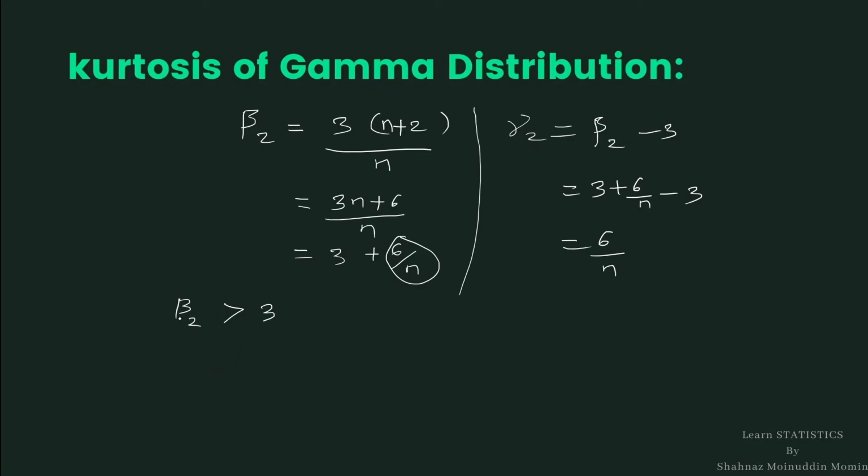We know that if beta 2 is greater than 3, then the distribution is leptokurtic, means gamma distribution is leptokurtic. Leptokurtic means the curve of gamma distribution is more peaked than the normal curve.